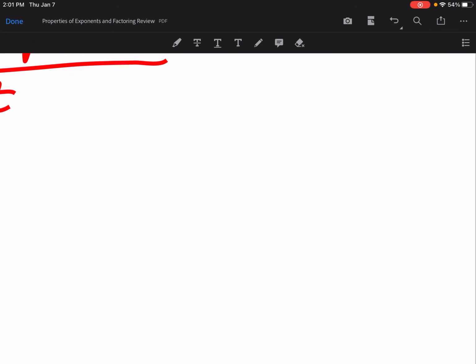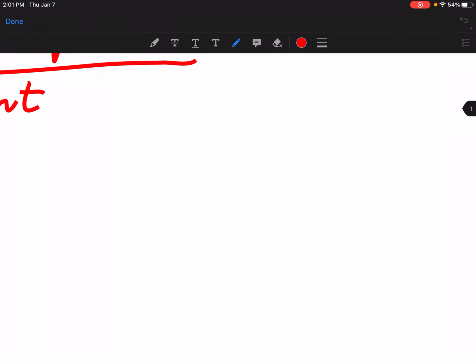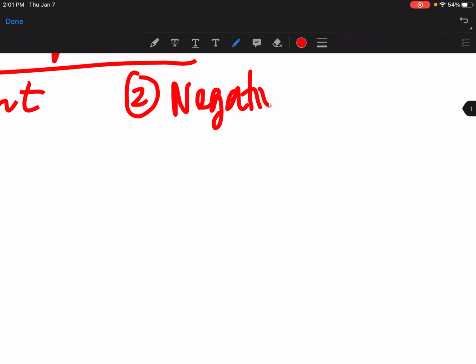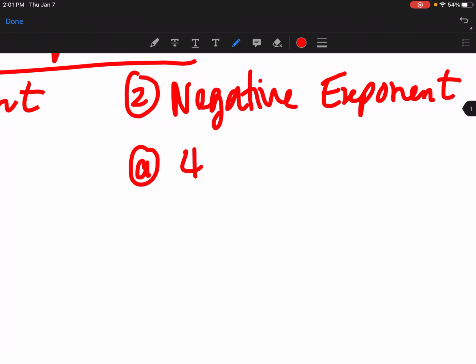Right? Then let's look at the second property, the negative exponent. The first thing that I want to look at is 4 to the -2. Anytime you have something with a negative exponent, you want to rewrite your answer with a positive exponent.